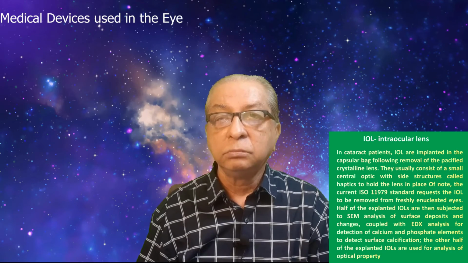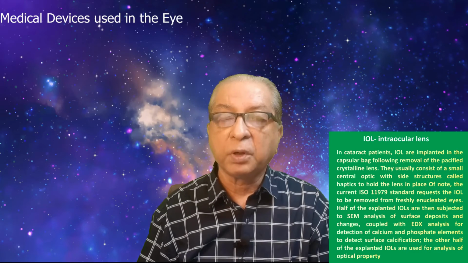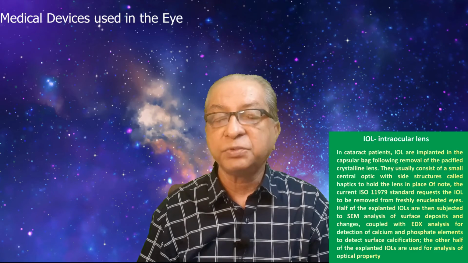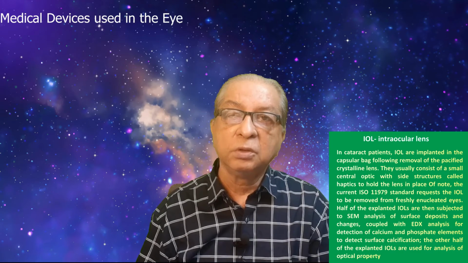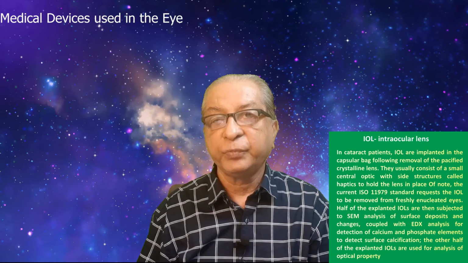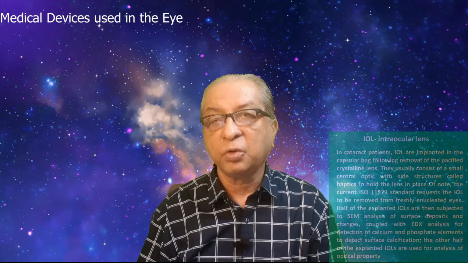It is very important to note that Time with Epsian's main topic is medical devices used in human beings. Here today we have seen various devices that are used in the eye, and you know that this is a closed system.